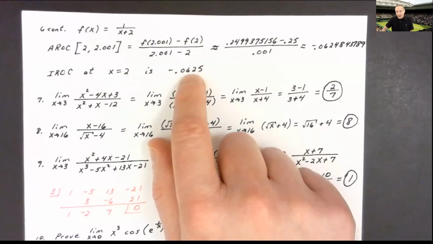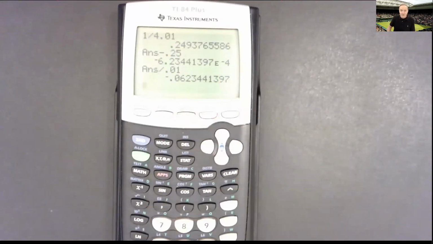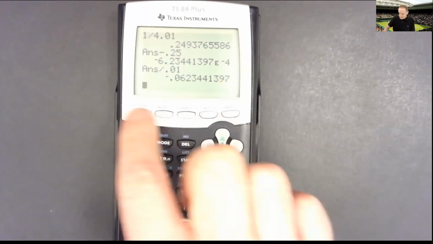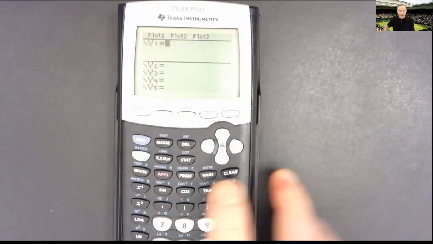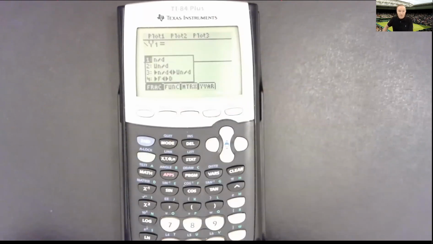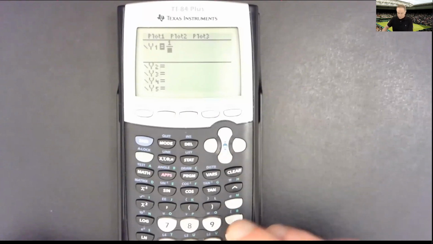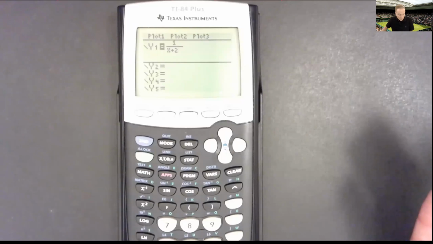Now, if you had any doubt and you wanted to graph it out, I didn't really mean to make a rhyme there, but kind of glad that I did. You could do it this way. Notice if I go into my calculator here and I wanted to graph the rational function 1 over x plus 2, and I'm interested in what the instantaneous rate of change at 2 is.